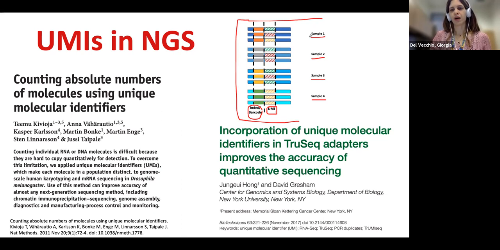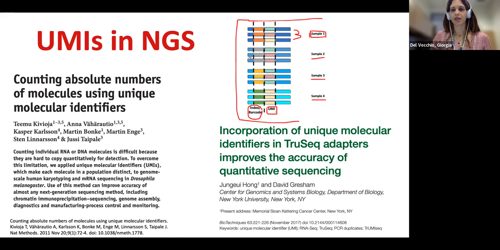So let's say that these molecules here are coming from the same gene, and we want to see how many counts we have for this specific gene in sample 1. Sample 1 has 3, because we have 3 different UMIs. Sample 2 has 2 different UMIs, because we have 2 molecules with the same UMI.